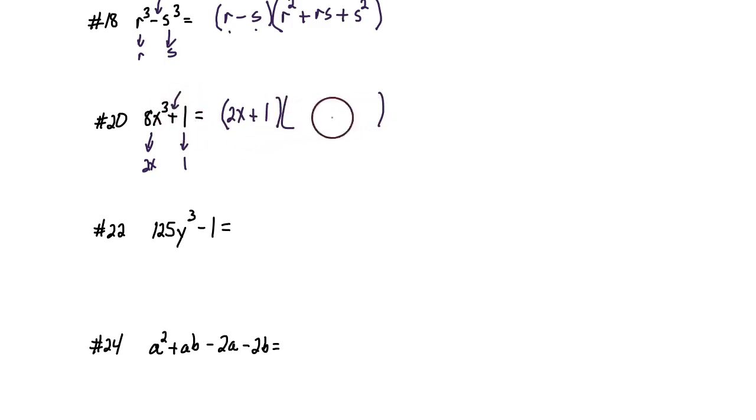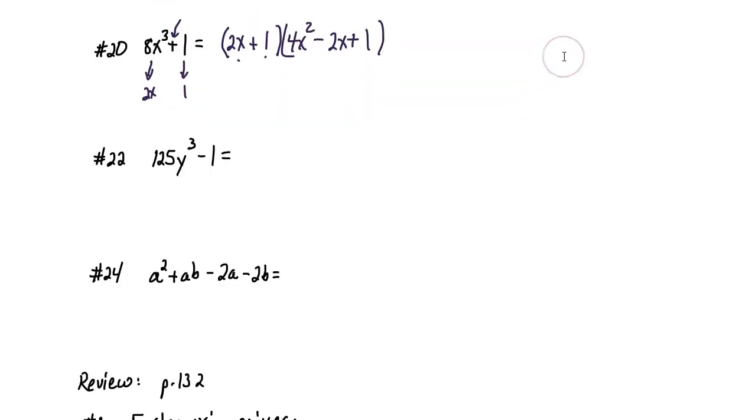Then create your trinomial using those parts. Take the 2x and square it. You get 4x squared. Switch to a minus sign. Take the product of those two things. You get 2x, then a plus sign. Take the 1 and square it. You get a 1. Number 22.